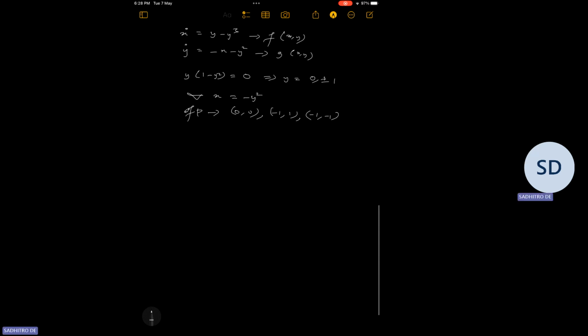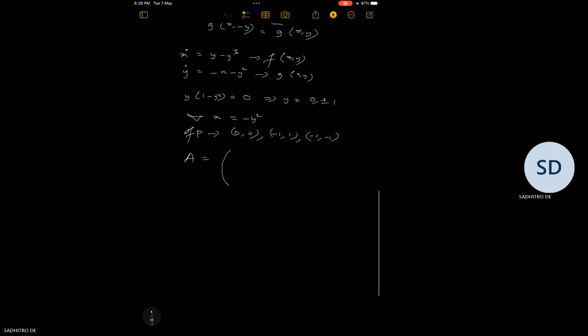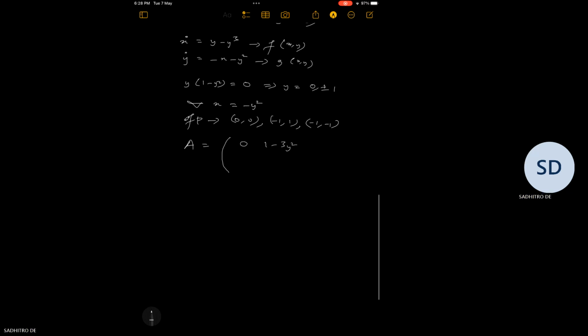Now let us take a look at the Jacobian matrix A. So the matrix A is basically given by del f del x is 0, del f del y is 1 minus 3y squared, del g del x is minus 1, del g del y is minus 2y.